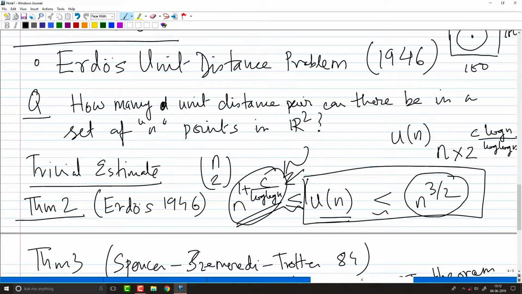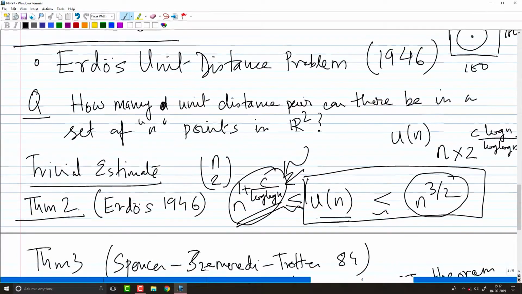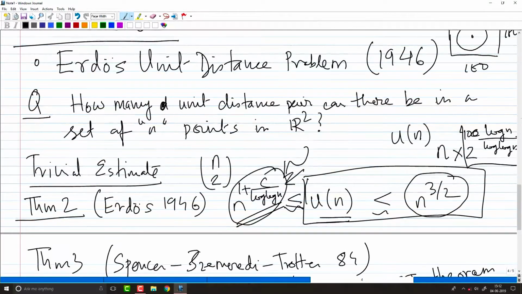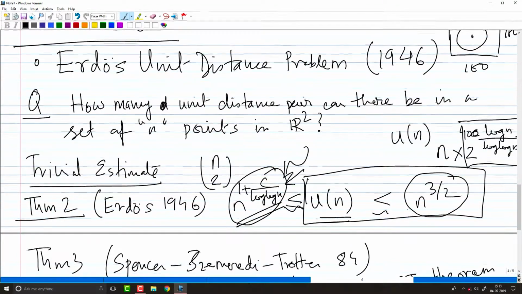There is a constant c here. Let's assume the constant is 100. As n tends to infinity, this tends to infinity, so this is strictly stronger than linear.